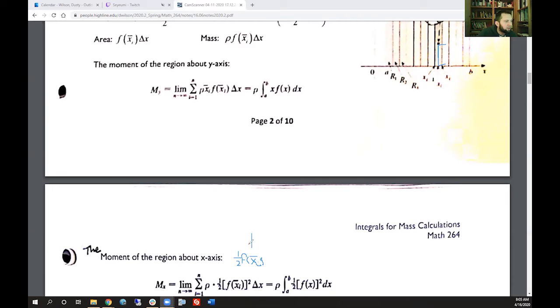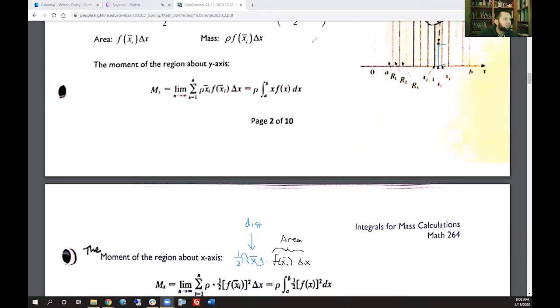So this is my distance from the x-axis, and then I'm going to multiply it by f of xi bar delta x, which represents the area. So again, we have the distance from the x-axis times the area. That will give us the moment about the x-axis.